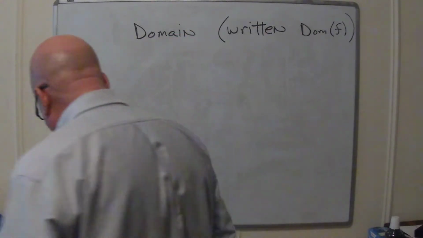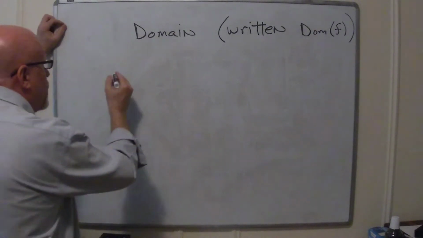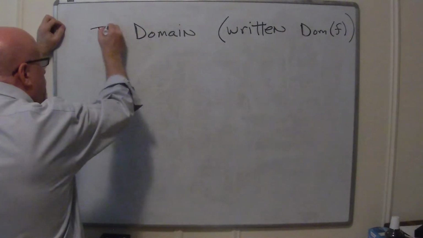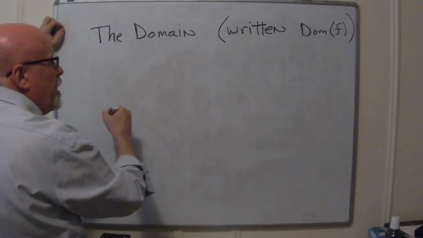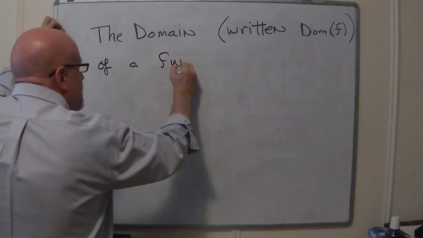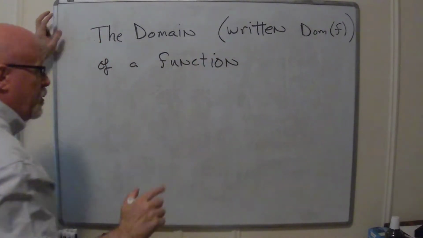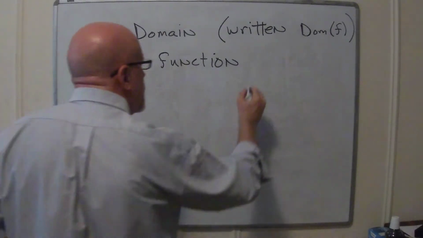So if you've got a function hanging around, write dom of f, and you'll get the set that is its domain. Well, maybe I can make a sentence out of this. The domain of a function is the set of all input values that kind of work in that function.